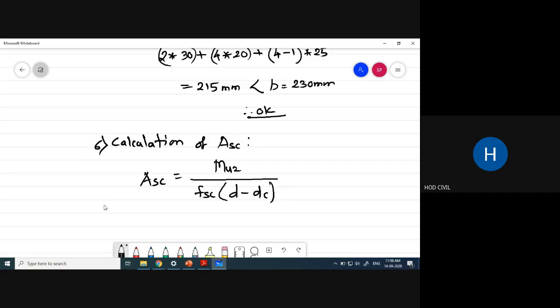You forgot the calculation. As we proceed further, the earlier calculations you forgot. If you remember, we solved problems based on analysis of doubly reinforced section, in which if we are using mild steel, that is Fe250 grade steel, the FSC formula is straightforward, by making use of Hooke's law and the epsilon SC value, we can directly calculate FSC.